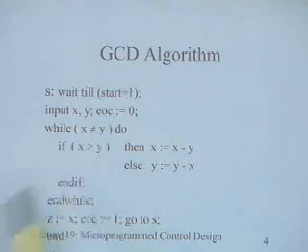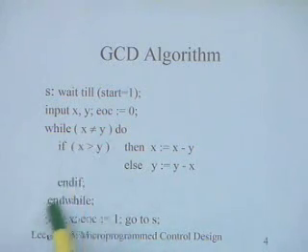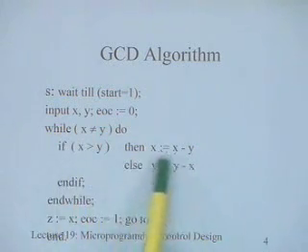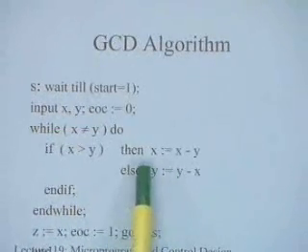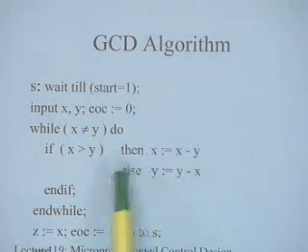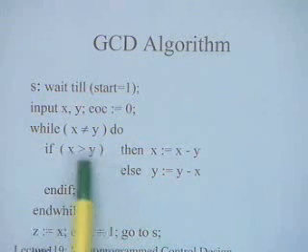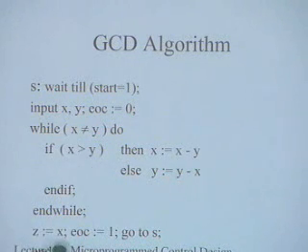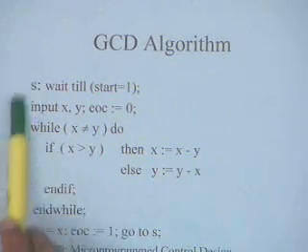Now while x not equal to y, I repeat this: if x greater than y, I subtract y from x, otherwise I subtract the smaller value from the larger value, and keep repeating until both of them become equal, and that's the GCD. I transfer the value into the output, set end of computation to 1, meaning that my computation is over, and go back to the startup.